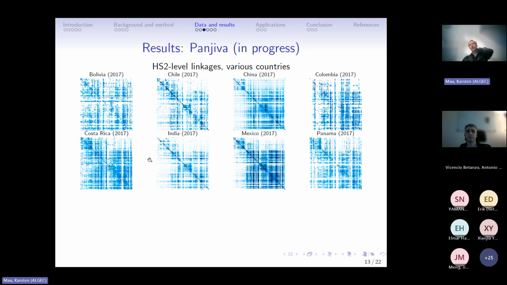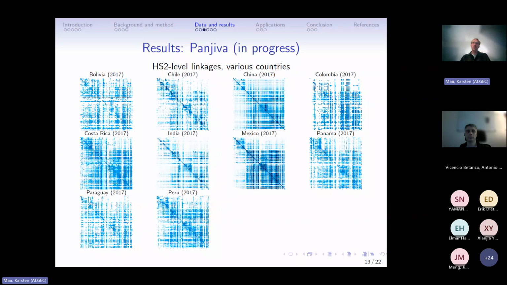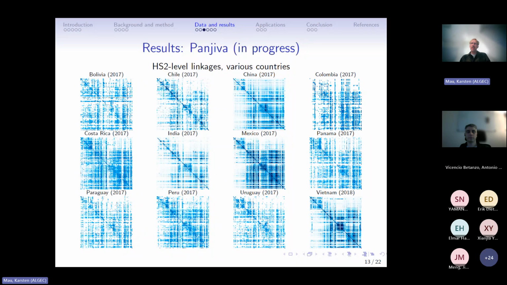We can go on to show a couple of countries with more or less strong patterns, but also some reoccurring patterns that we see across those countries. You can see that mainly the countries I'm showing you are Latin American middle-income countries, and then we have a few Asian economies: China, India, and Vietnam.